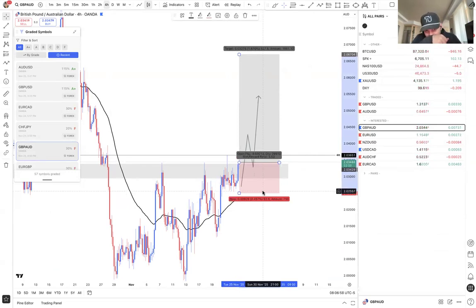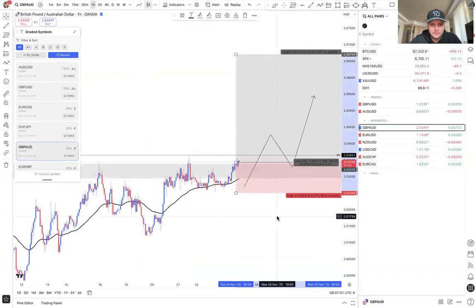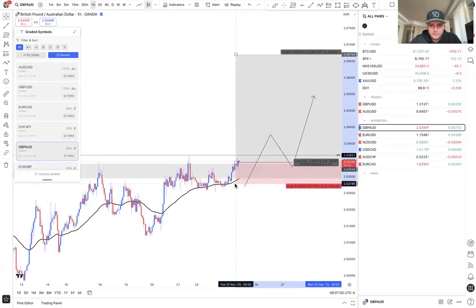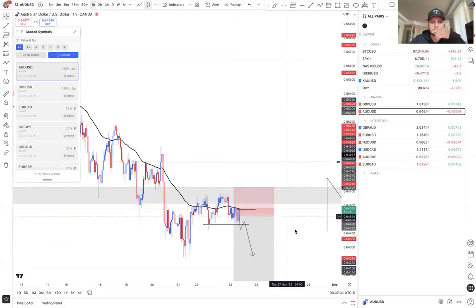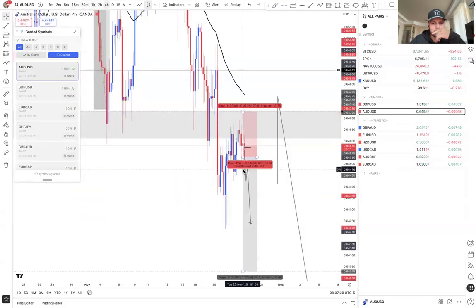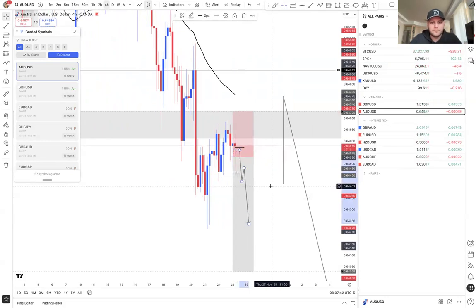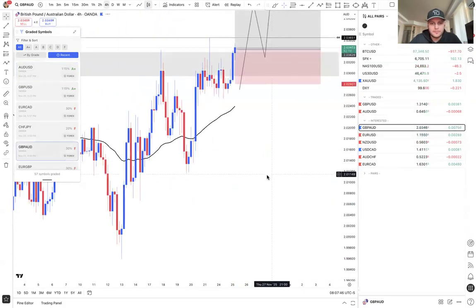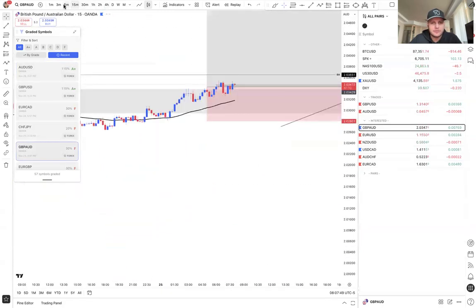Then your stop loss would have to be massive. Yeah, so that would be a very, very large stop loss for this trade.